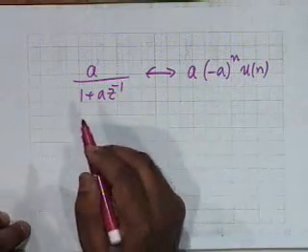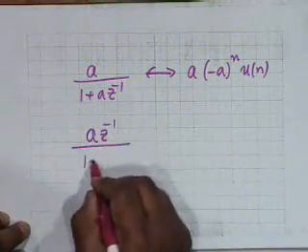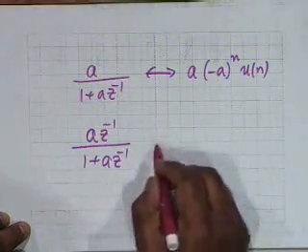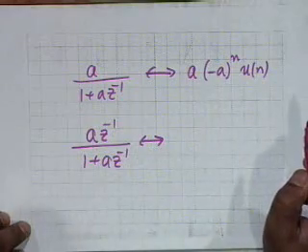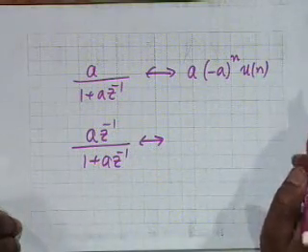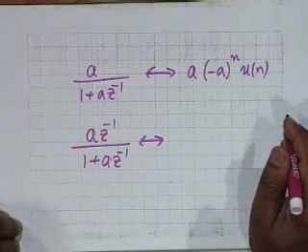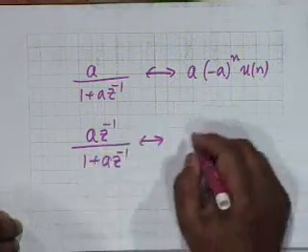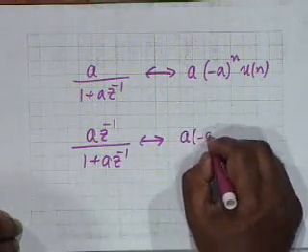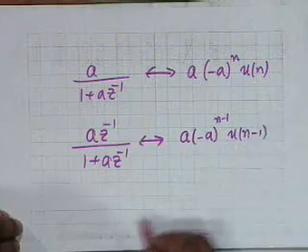And finally, we have to multiply by Z inverse. If I multiply by Z inverse, the whole thing is shifted by one sample, delayed or advanced. I multiply by Z inverse, so it must be delayed, and therefore we get a times minus a to the n minus 1 u of n minus 1.